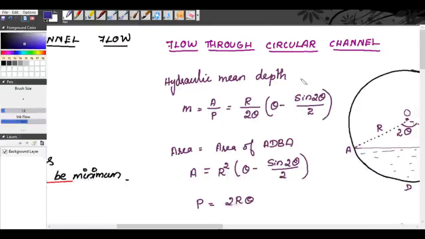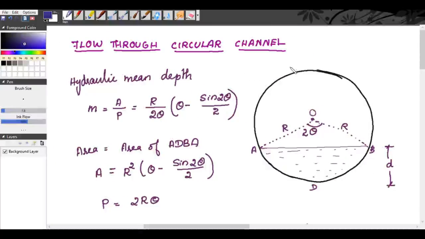Now, flow through circular channels. Next is the circular channels. So, the important things to remember is, see, consider a circular channel. This is your cross section of your channel.